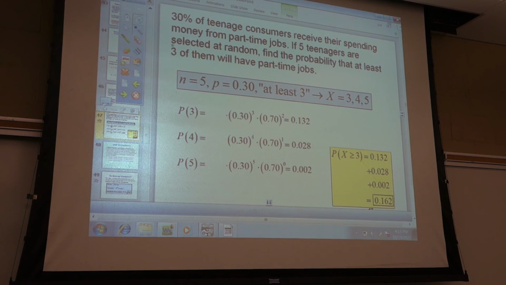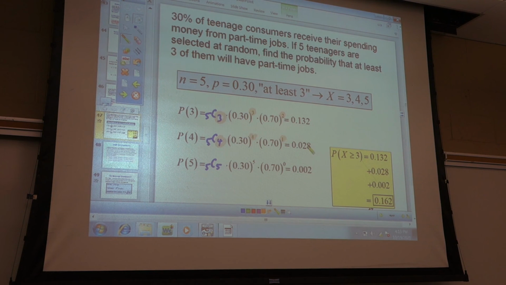This would be 5 choose 3, times 0.3 to the third, times 0.7 to the second. 5 choose 4, times 0.3 to the fourth, times 0.7 to the 1. 5 choose 5, times 0.3 to the fifth, times 0.7 to the 0. Note the things that change. The only things that change are the x and the n minus x.